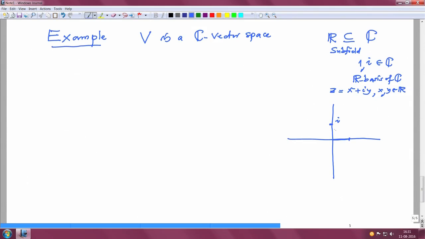So these two elements form an R basis of C. So if you start with a vector space V over C, then V is also a real vector space, an R vector space, by restriction of scalars.